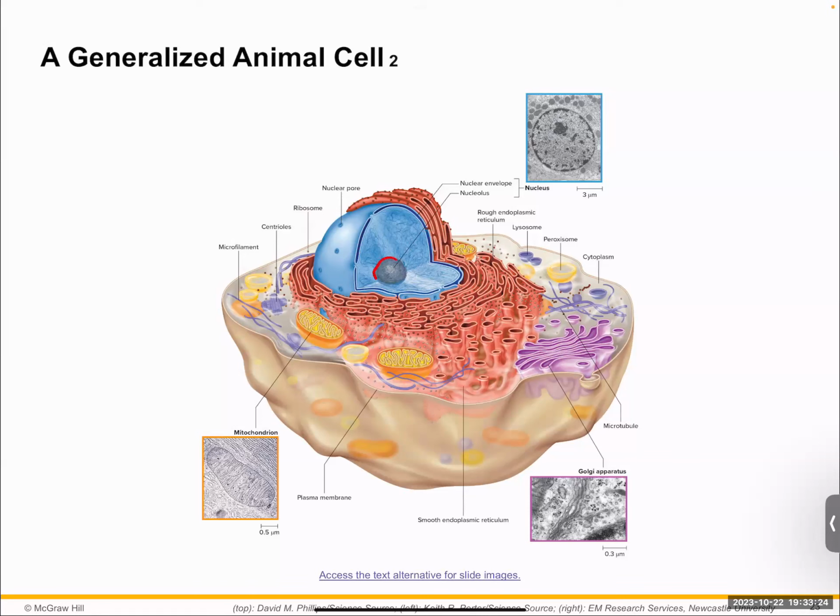Starting from here, you have the nucleolus, the nucleus, the rough ER, the smooth ER, our Golgi, peroxisome, and lysosome. And then we also have our mitochondria. And that's basically the main structures. And then these little dots would be our ribosomes.